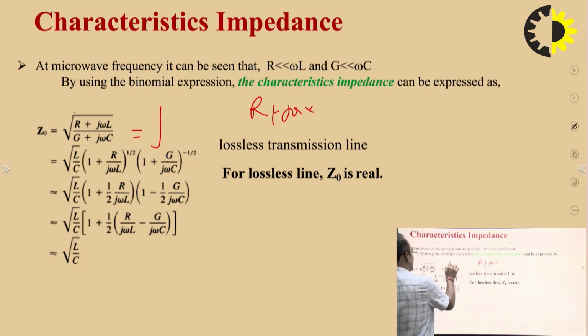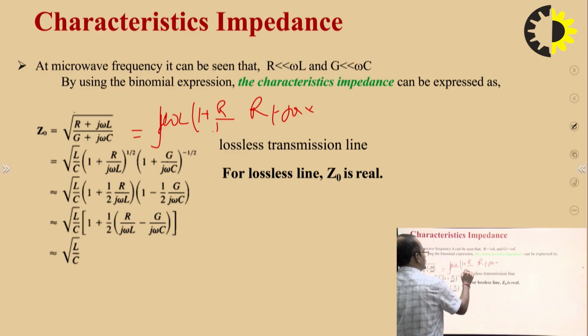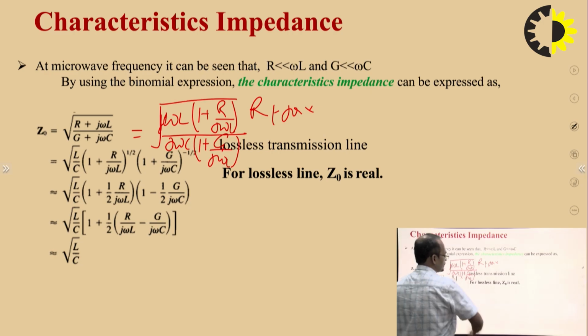If I take j omega L common, and j omega C common, we get j omega L times (1 plus R by j omega L) upon j omega C times (1 plus G by j omega C).